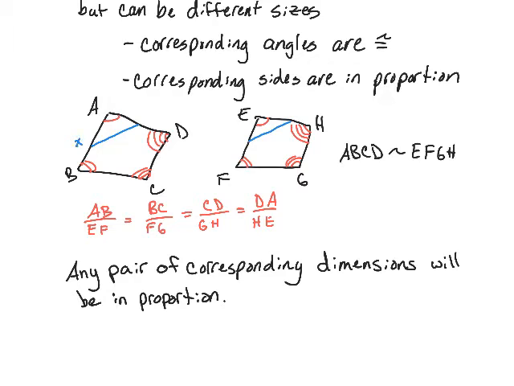So if this is XY and this is WZ, I could also say that AB over EF is equal to XY over WZ. That's another proportion that's the same ratio as all the other corresponding sides.